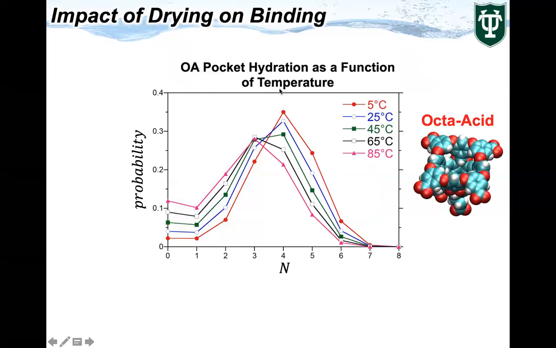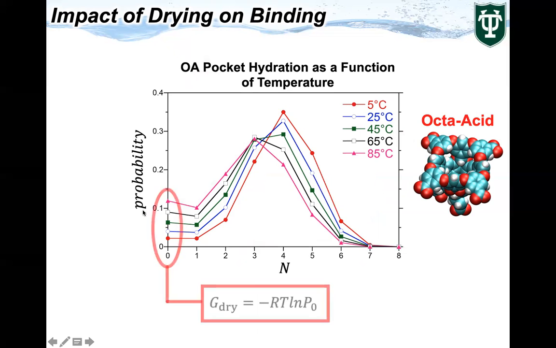We've looked at the drying distributions, or the occupation distributions of water in octa acid as a function of temperature. Here are these probabilities, and the free energy for drying this host is proportional to the probability of observing a dry, or empty, state.